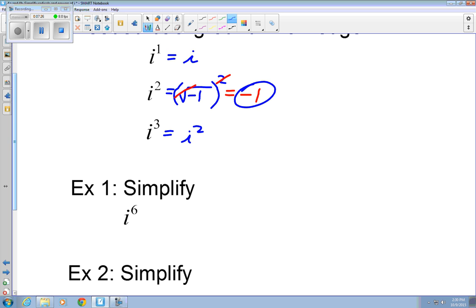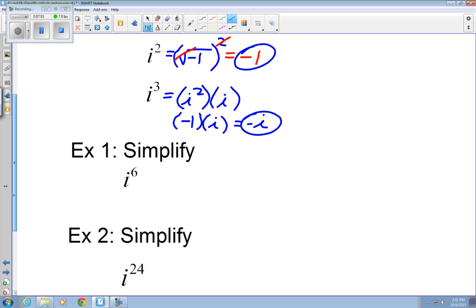How many i squareds can I get out of i to the third? Well, just this one, that's it. And then there's also another i left over. So i squared is negative 1. And then negative 1 times i is just negative i. Maybe that's a lot easier way to think about it. The other way explains it a little bit differently, but same concept.